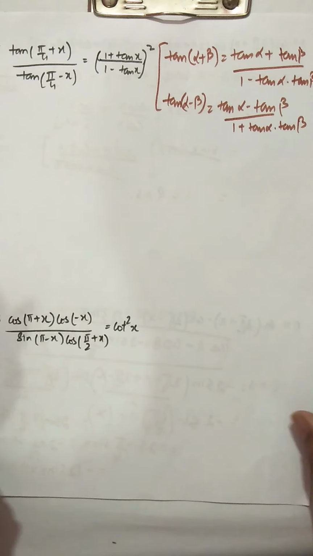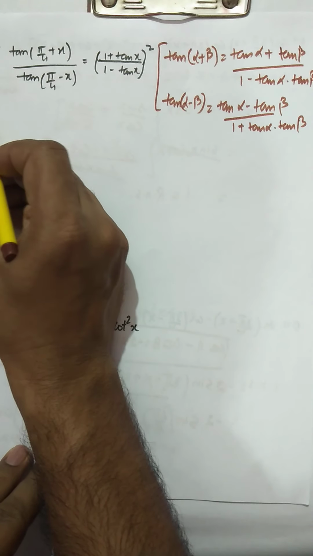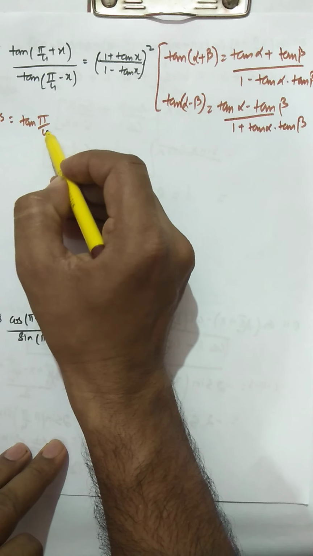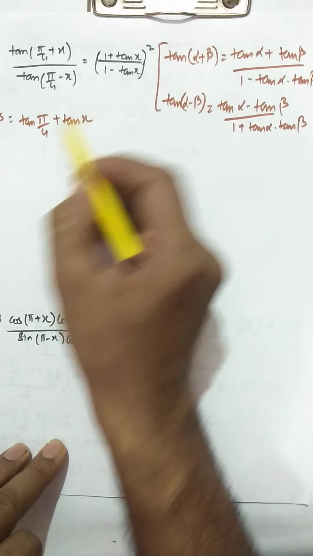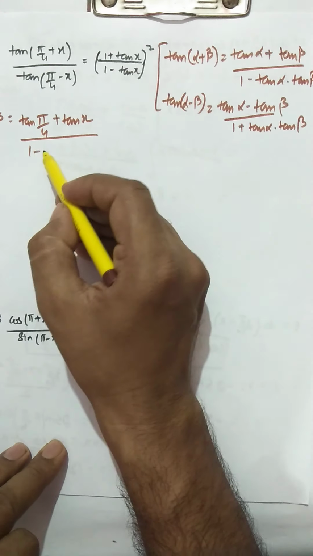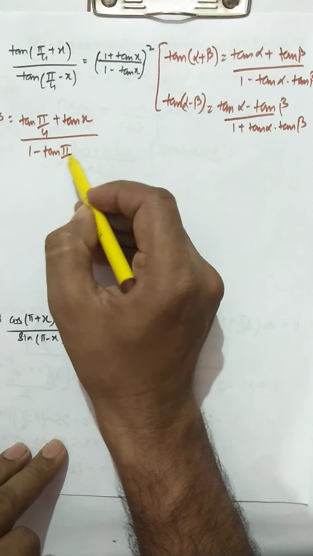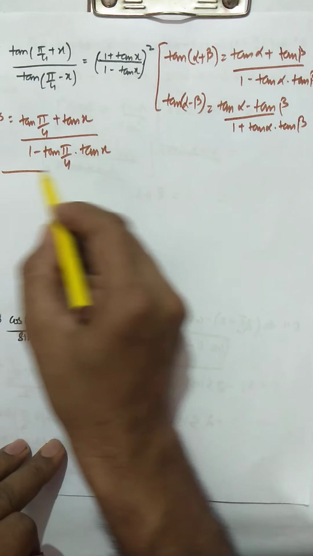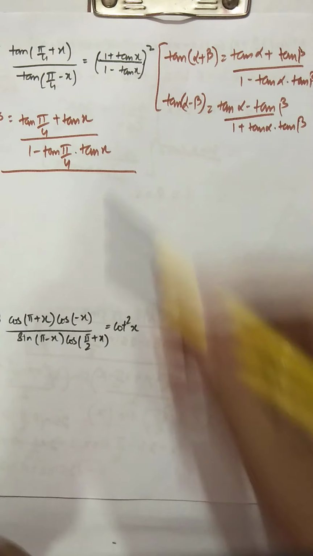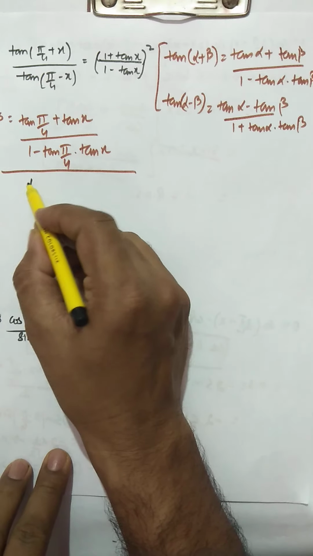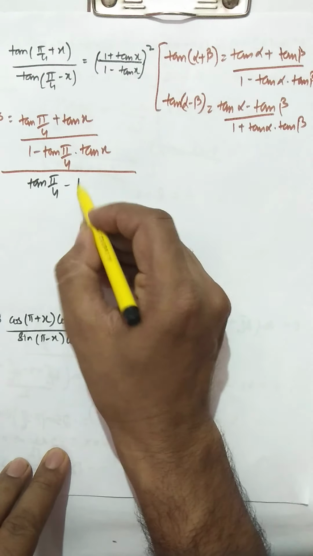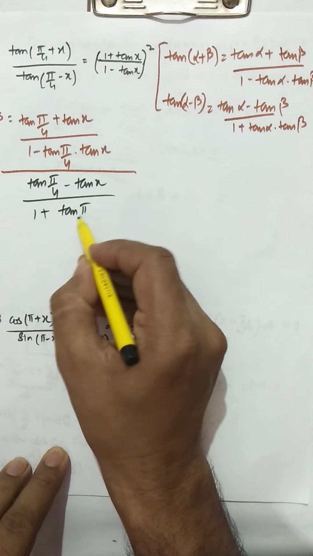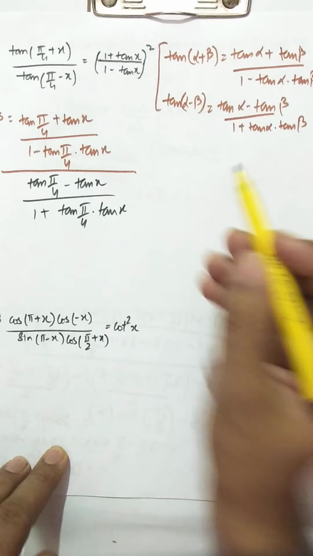So you can see now this is your LHS. I am applying this formula in LHS. Tan alpha means tan pi by 4 plus tan x upon 1 minus tan pi by 4 into tan x. So this numerator you have solved. Now make this bigger one and write the denominator's expansion: tan pi by 4 minus tan x upon 1 plus tan pi by 4 into tan x.